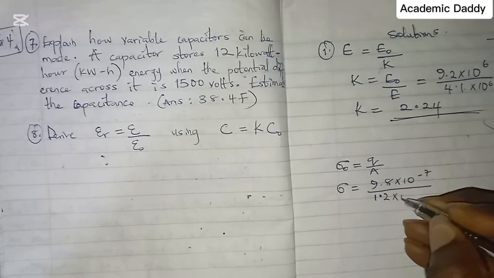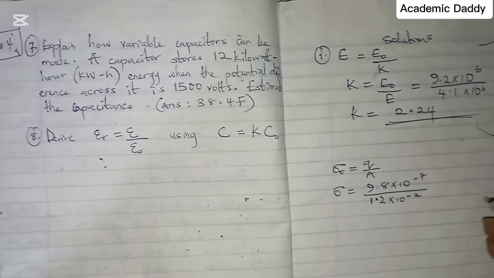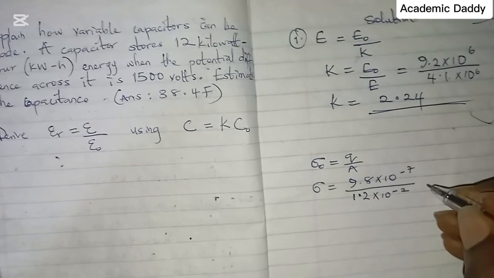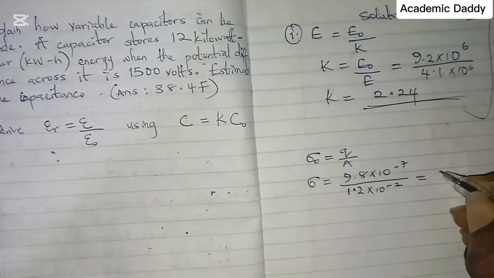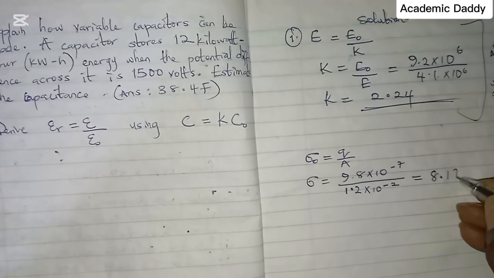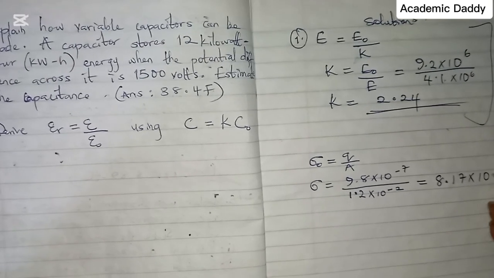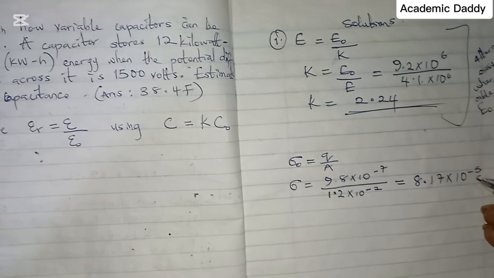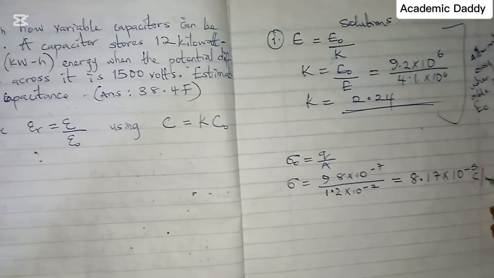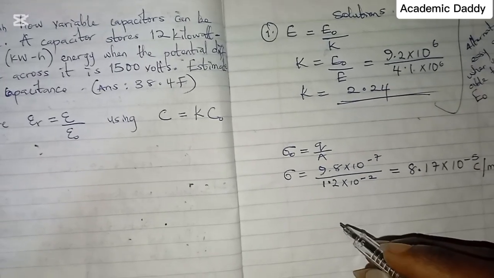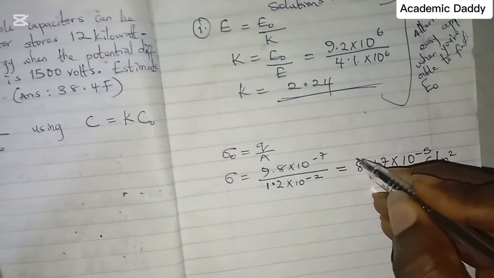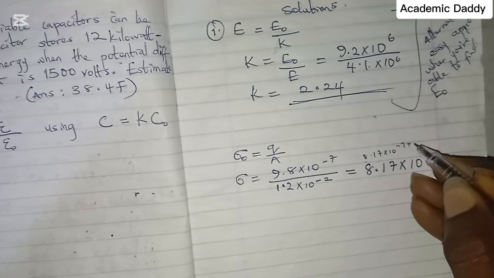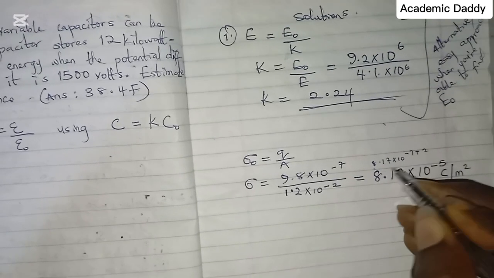So 1.2 times 10 raised to power minus 2 is the equivalent of 120 centimeter square. If you do this, you see that the surface density is simply 8.17 times 10 raised to power minus 5 coulombs per meter square. You first get 8.17 times 10 raised to power minus 7 plus 2.